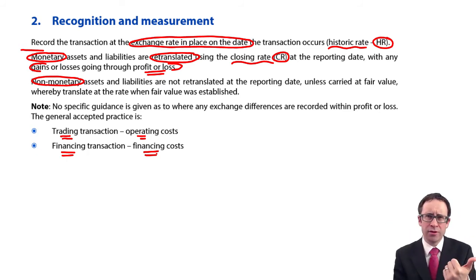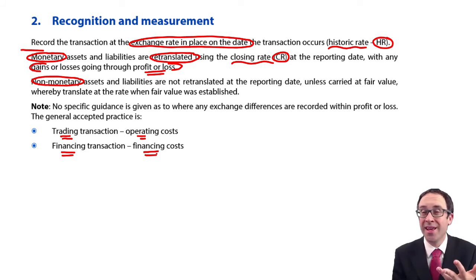So inventory is non-monetary. It's not readily convertible into cash. You've then got your non-current assets. So maybe some investments. Maybe you have some property, plant and equipment. Maybe you have some intangibles. Okay.